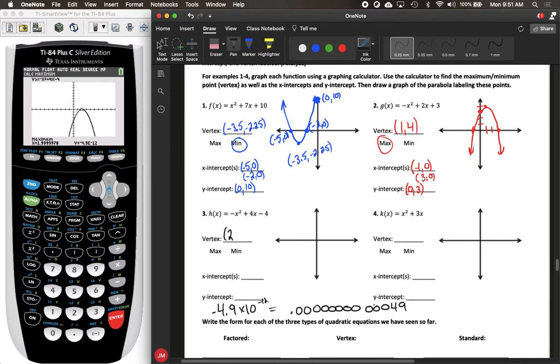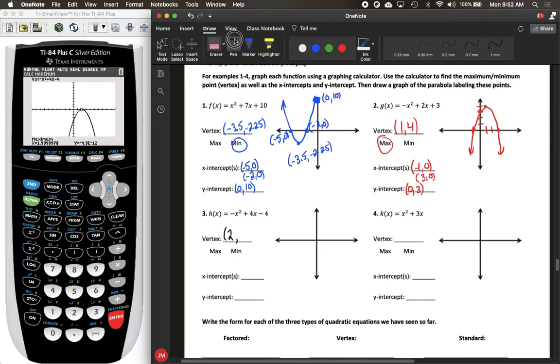In other words, that number is very, very close to 0. And in fact, that number should be 0. So 2, 0 should be our vertex. And so it's important to make sure that you understand the decimals that your calculator gives you, making sure that you round those up to a number if needed, or down to 0 if they give you that sort of notation. Okay, so our vertex is going to be at 2, 0.